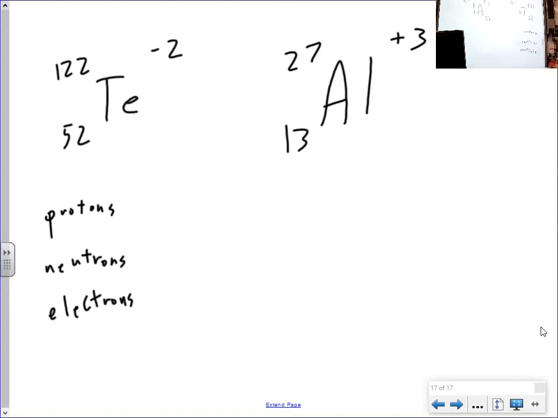Right? Which is the easiest one up there? Protons, neutrons, electrons. Everybody with me?